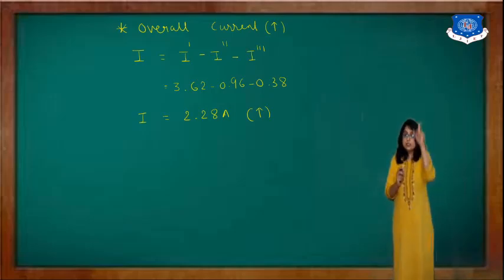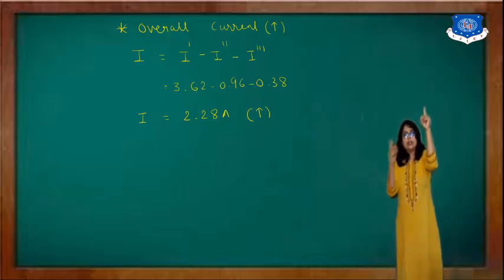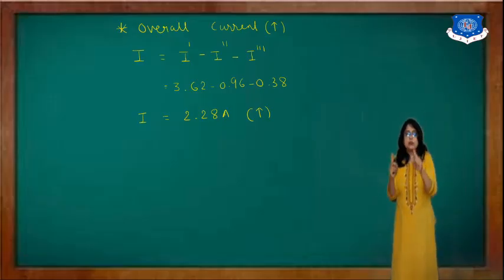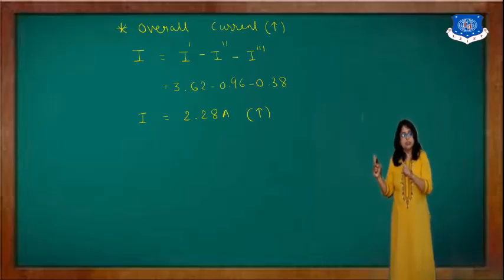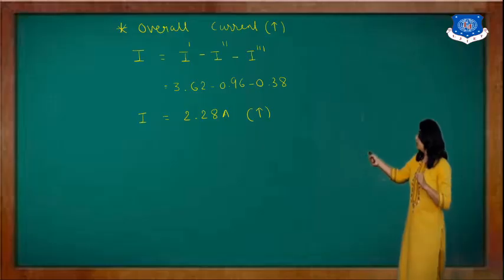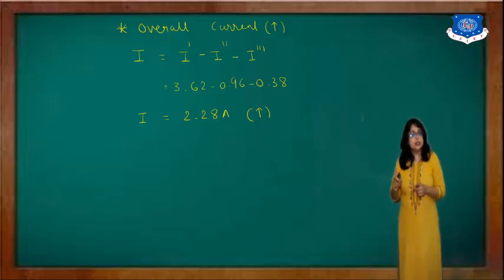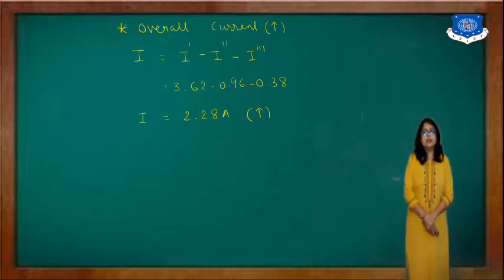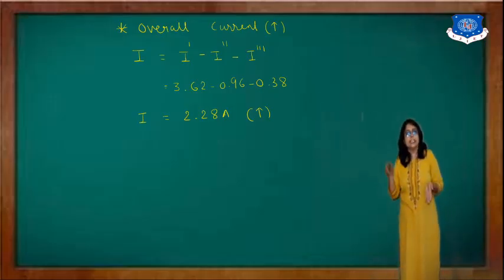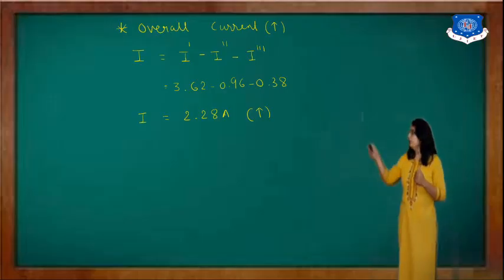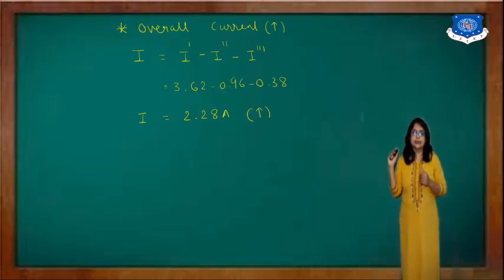So I am going to consider the up direction as positive and the remaining two as negative. So 3.62 minus 0.96 minus 0.58, and that equals 2.28. But here the overall direction is upward. In a similar manner, if you want to consider the direction as downward, then you can reverse the sign.